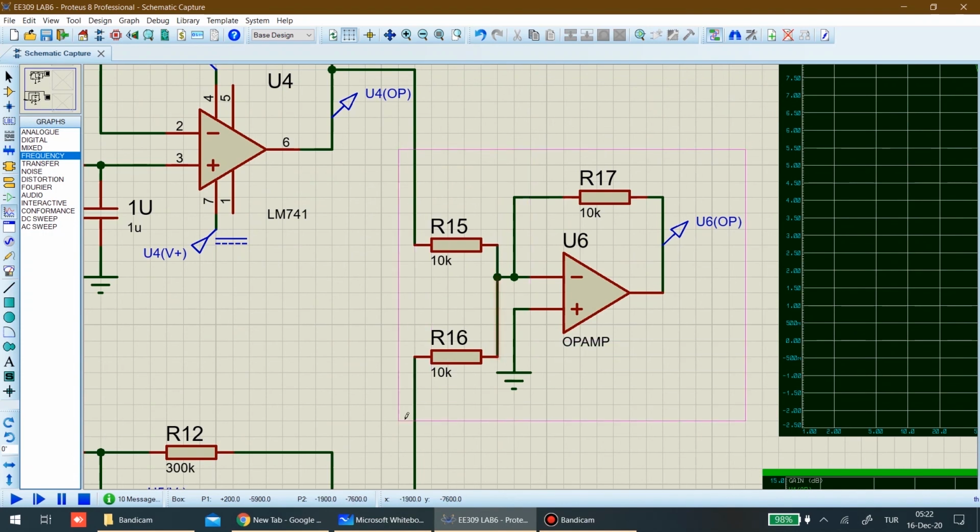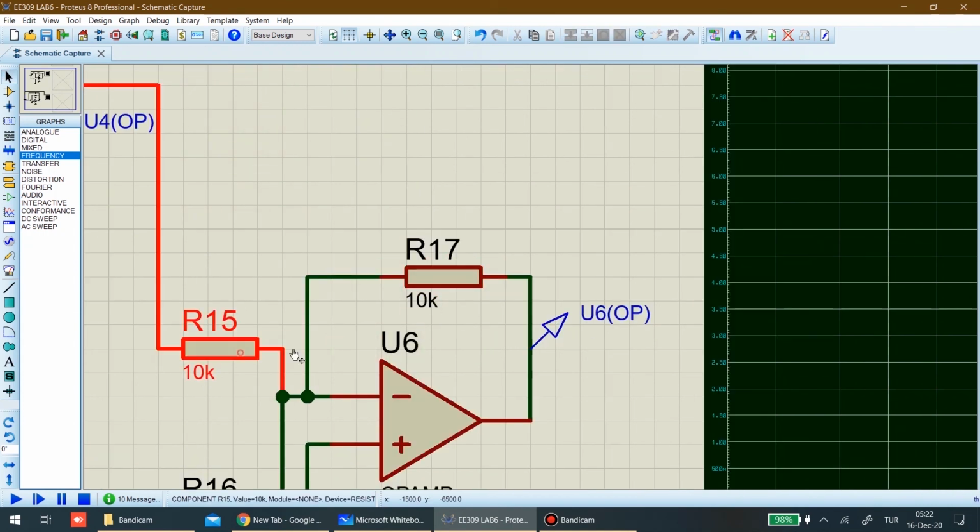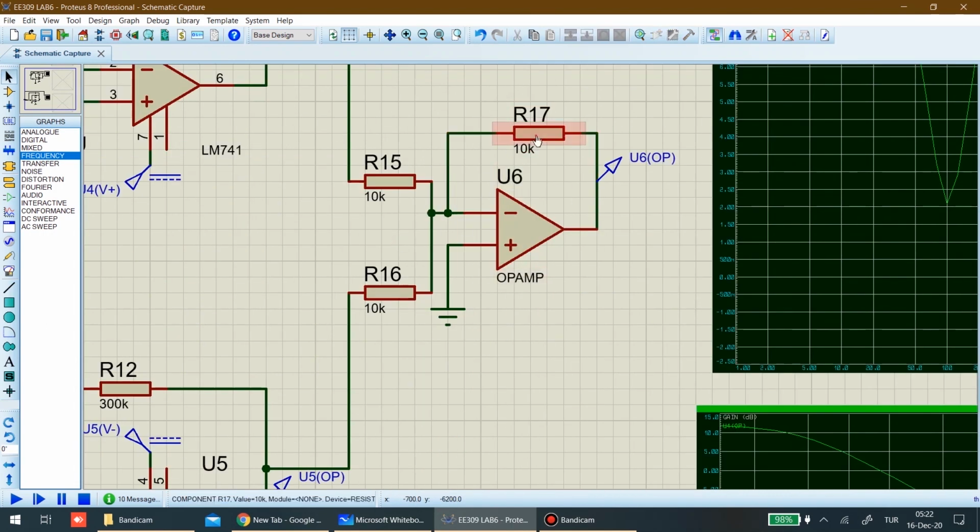This is a summing amplifier, by the way, and the gain of this summing amplifier is -1. Let us memorize the formula: this input times this resistor over this resistor, and this input times this resistor over this resistor.